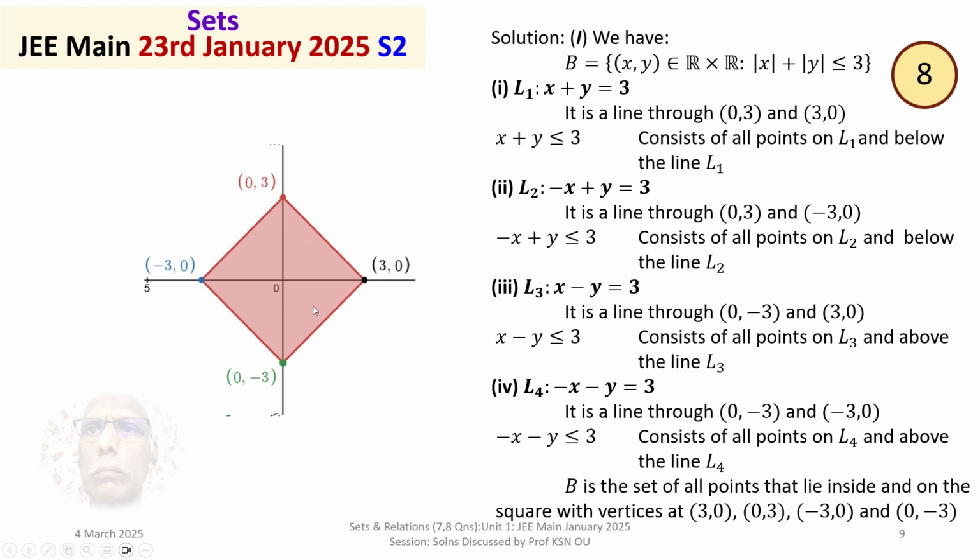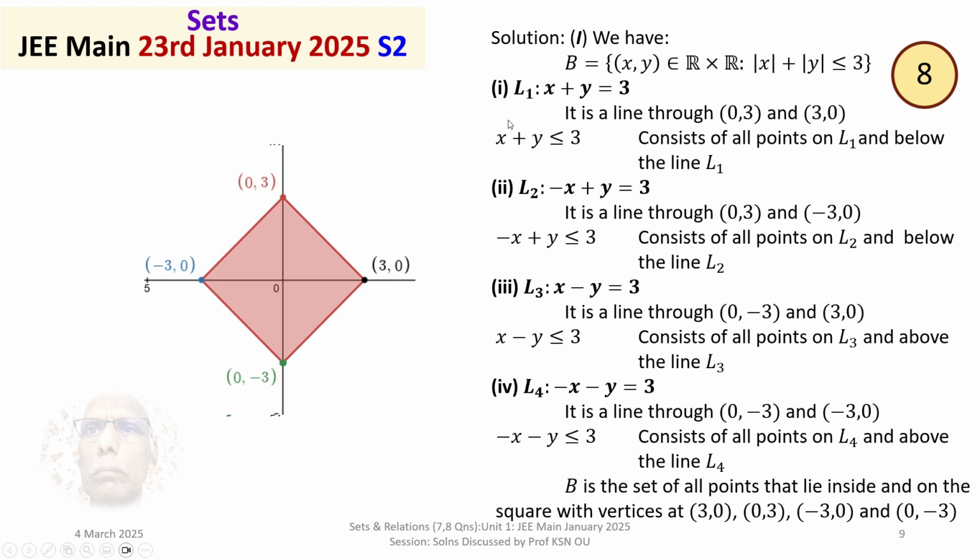So this is the set of all points that lie inside and on the square. On, because equalities are there in the inequalities. So it's the square with vertices at (3, 0), (0, 3), (minus 3, 0), and (0, minus 3). Right.